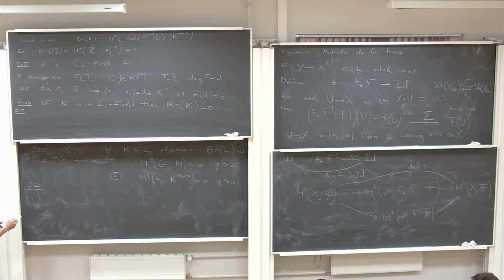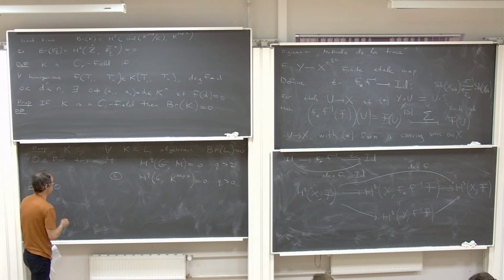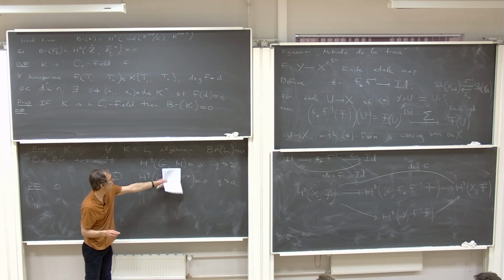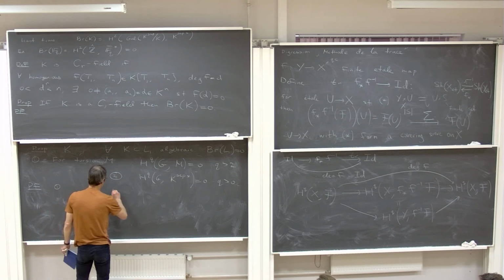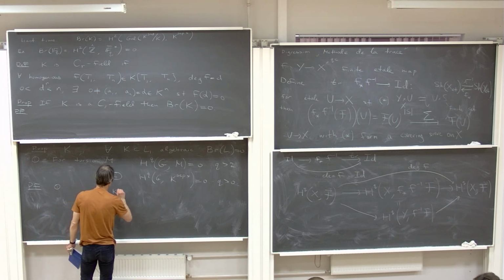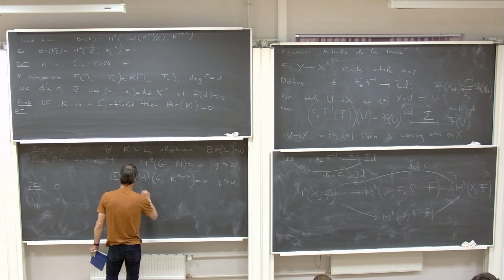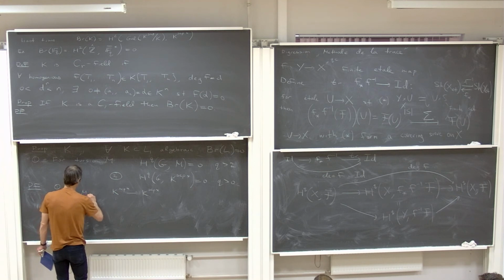So let's prove this using the method of trace. Let's first observe that we know this statement for some M. Namely, I have the Kummer exact sequence: K sep star, then K sep star, and here I have mu_l, the group of roots of unity of order l.